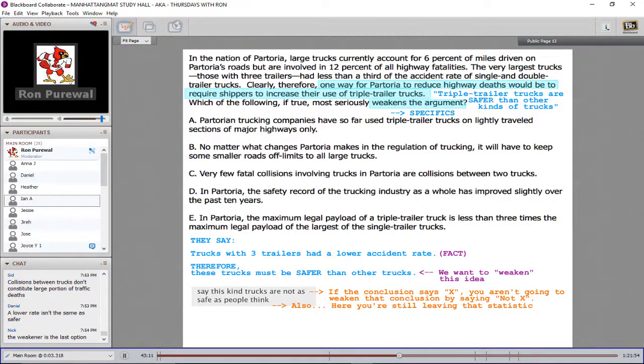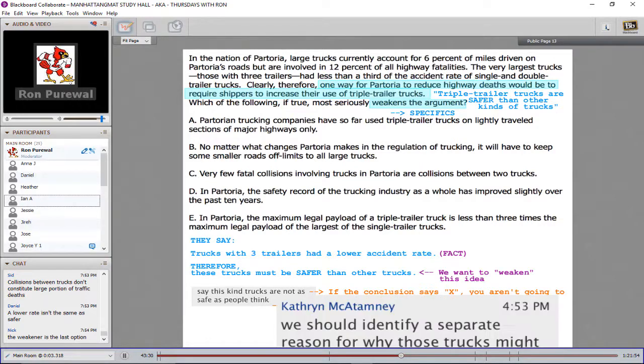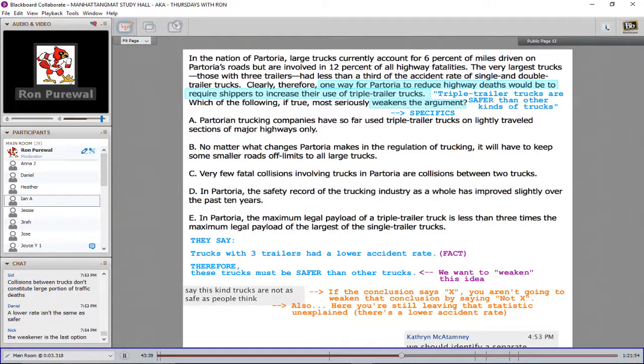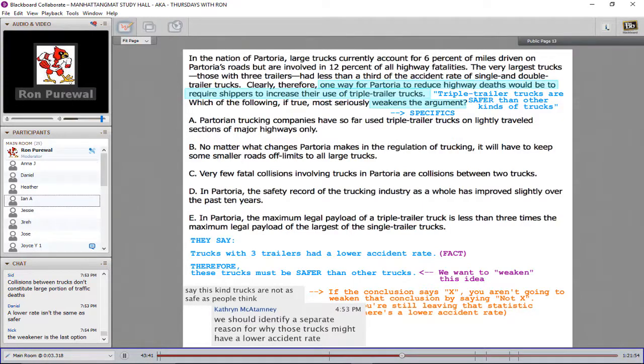You still have a statistic that says there's a lower accident rate for 3-trailer trucks. So what you need to do is what Catherine says, which is you have to explain the statistic in a way that doesn't have to do with triple-trailer trucks being safer. That's what you have to do. Exactly.